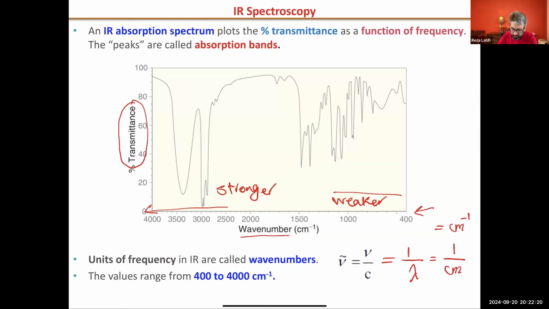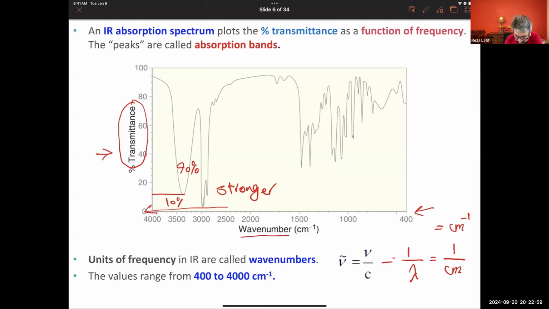Okay, next, what's the meaning of this? This one is showing me that almost 90% of the light got absorbed. Only 10% of it is passing. And how about here, if I connect this one to that line, that's around, let's say, 30.